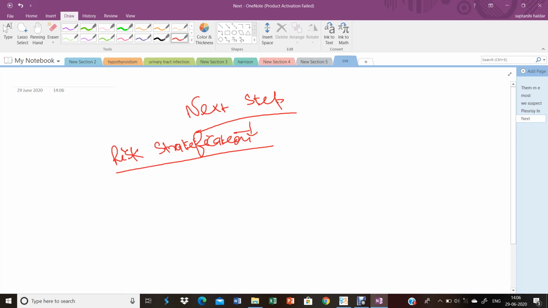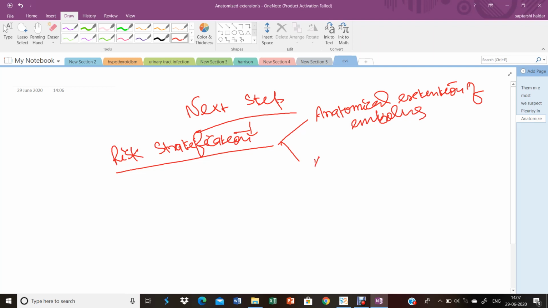This risk stratification is done by the anatomical extension of the embolus, clinically, or by doing the PESI score.